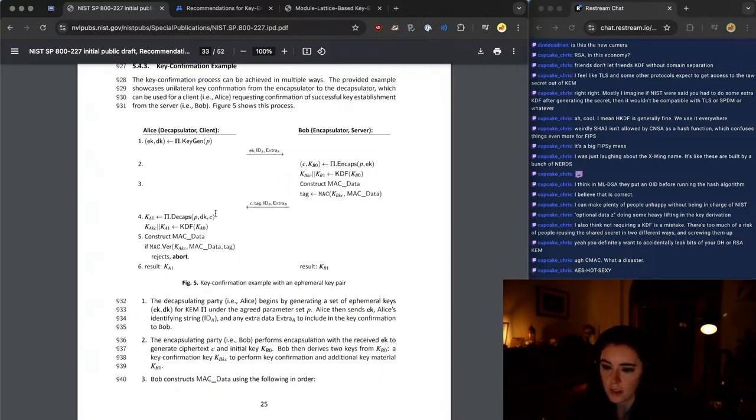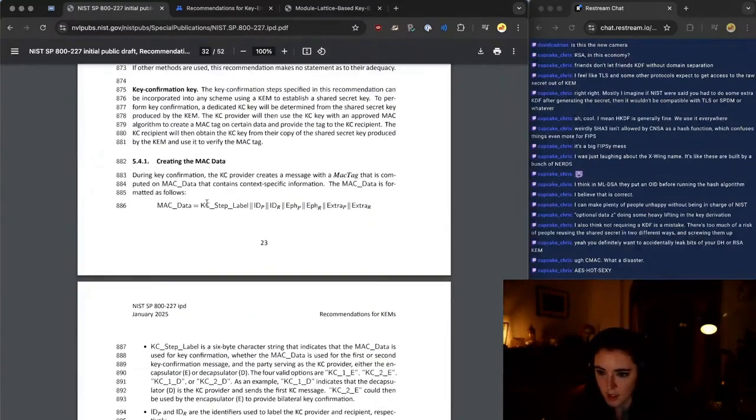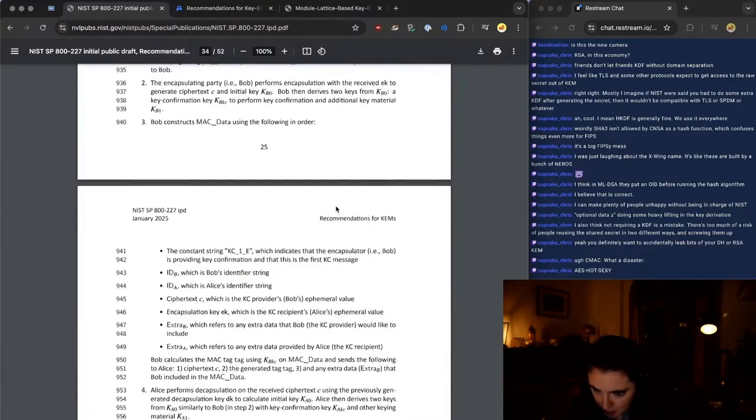So you can probably tell that this still is completely dependent on the properties of the KEM scheme itself. If you look at all the data that goes in, there's a label, there's an identifier that they send you that's public. That's good. There's other identifiers. There's ephemeral data provided. This is public.